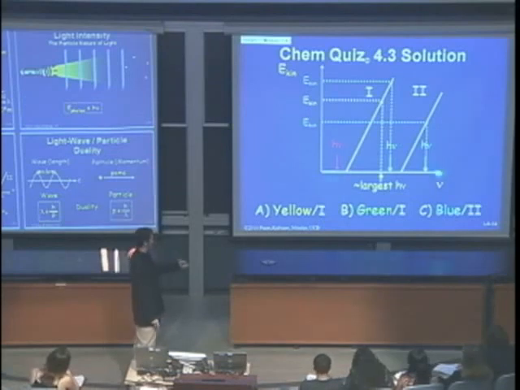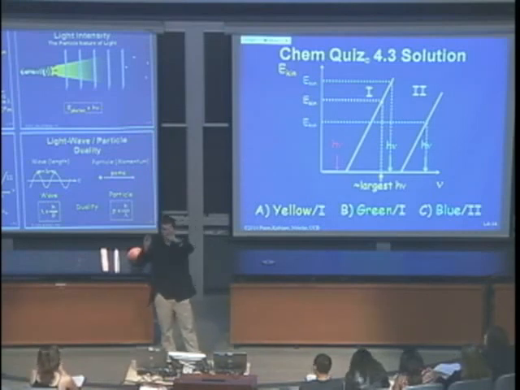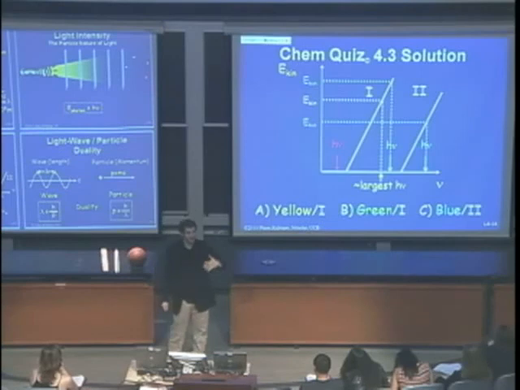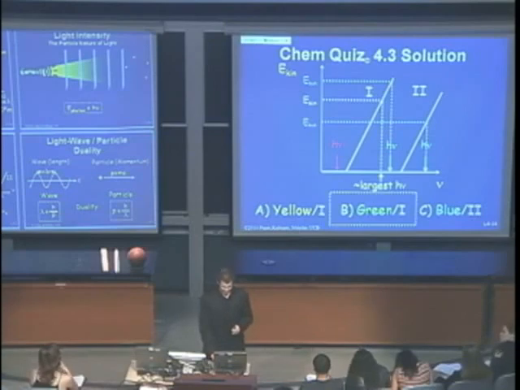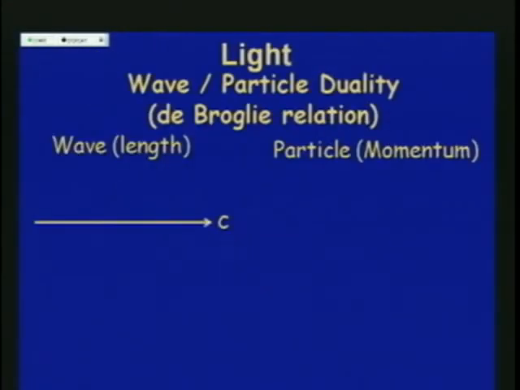So if I put blue on metal 1, it would have the most kinetic energy, but since metal 2 has a higher work function, right, I've got a set amount of energy in that photon. I take away the work function of the metal, and then what's left over is the electron kinetic energy. Okay? So it was B, green, metal 1, most kinetic energy.